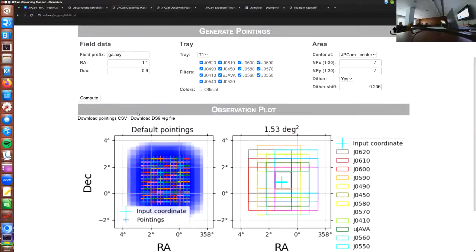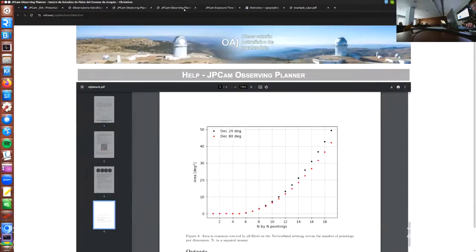But it's very difficult to do a large mosaic like a 10 by 10 for all the trays, which is the most efficient. So what I want to say is that all the projects are going to lose area. So don't be afraid of not using all the filters. Of course, at the end it is an intermediate point. Don't use just one filter, or yes, no one is preventing you from using just one filter.